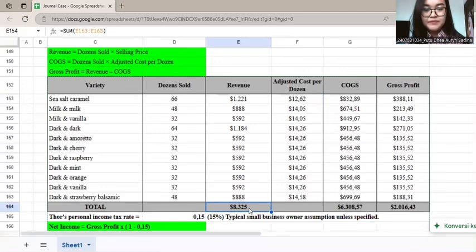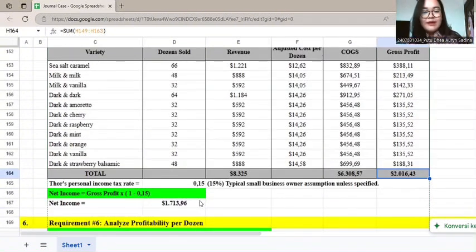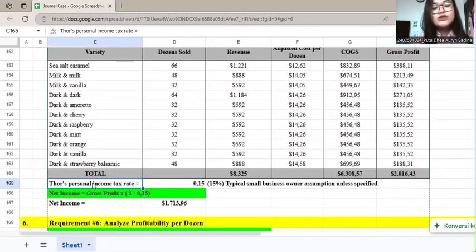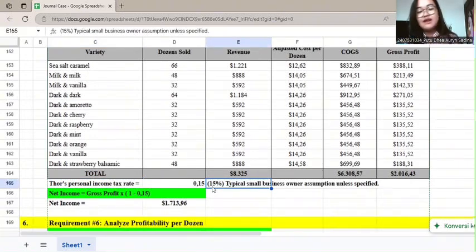And we sum all of the revenue of all of the varieties. So we got this much revenue, the COGS, and then the gross profit. So how much net income does TOR have? We need to know TOR's income tax rate. We use 15% because that's the typical small business owner assumption unless specified.